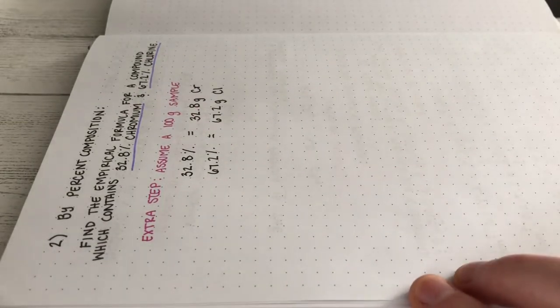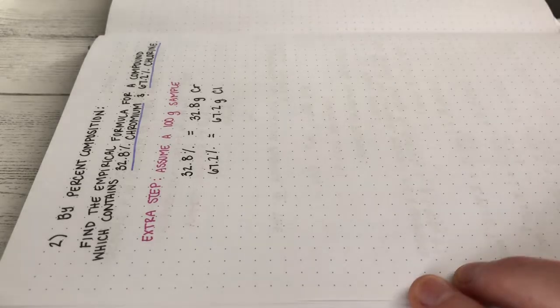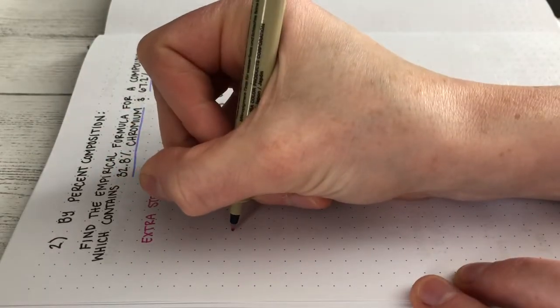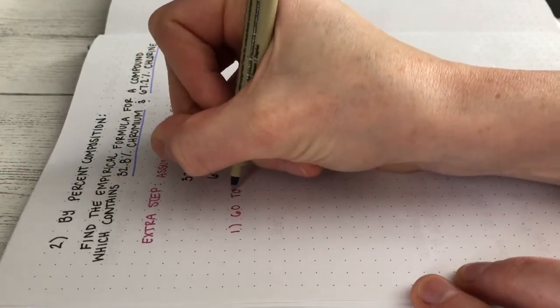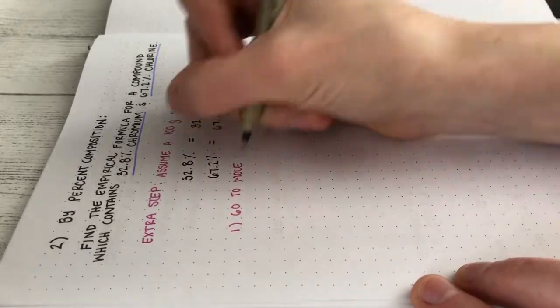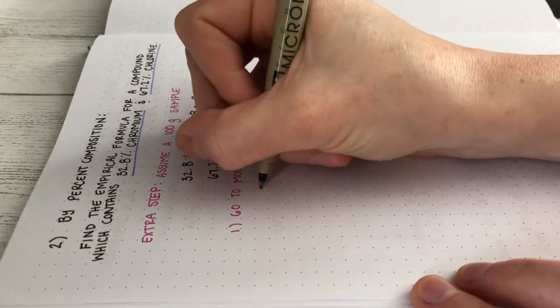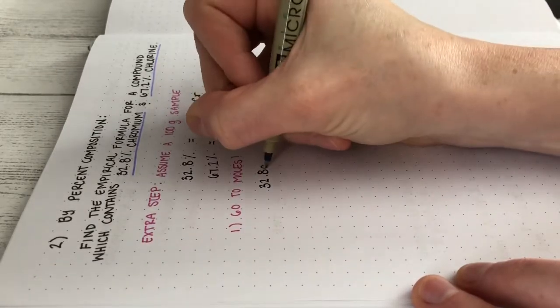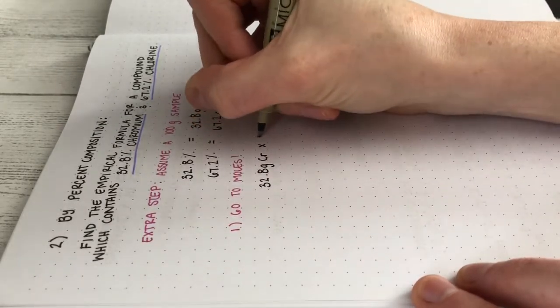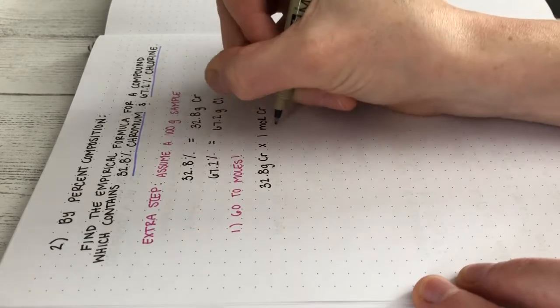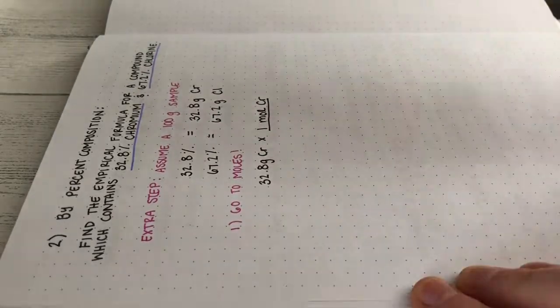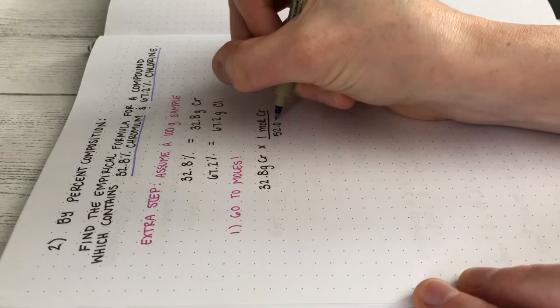Then once you have everything in grams, all the other steps are exactly the same as the first problem that we did. Step 1, we have to go to moles. So we're going to convert 32.8 grams of chromium to moles of chromium by dividing by the molar mass of chromium, which is 52.00.